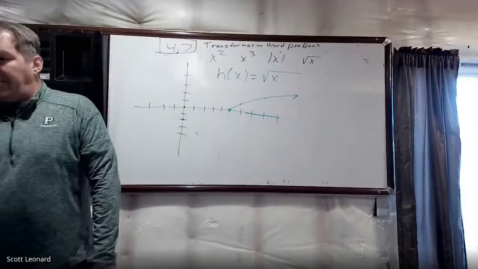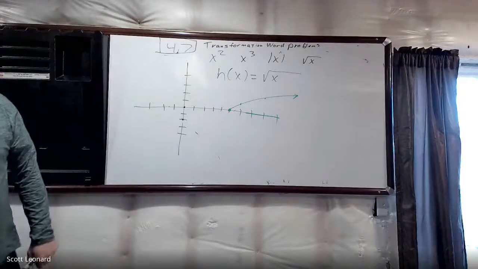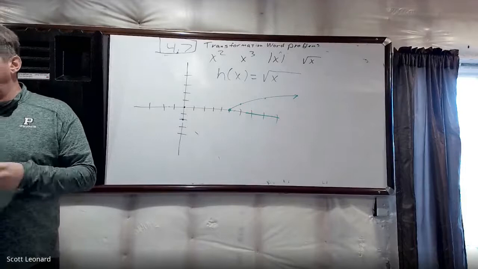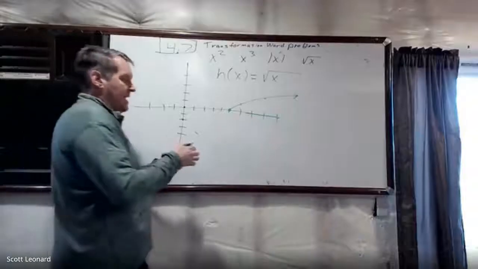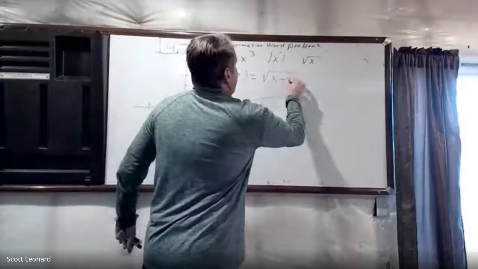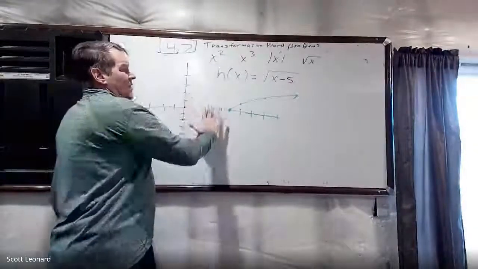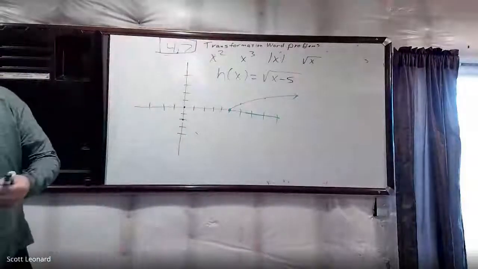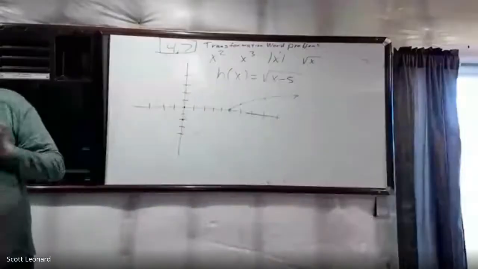Here we go. Anybody want to take a shot at what I need to do to move it right 5? -5 on the inside, yep. All right, and once again, it's okay that it didn't go up or down, so we have nothing added on at the end. Any questions on the actual lesson part?